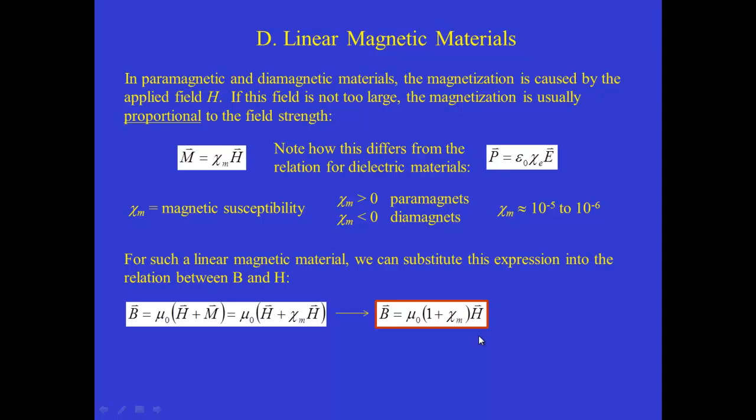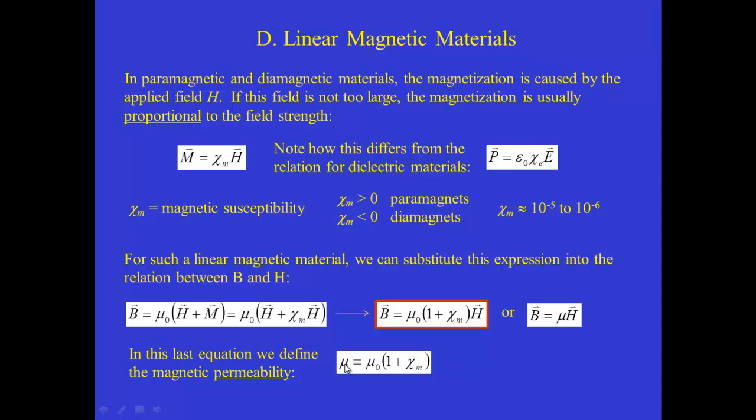If we simply write B equals mu H, showing the direct relationship between B and H, we define a term mu, which has the same units as mu naught, but has the value mu equal to mu naught times 1 plus chi sub m.